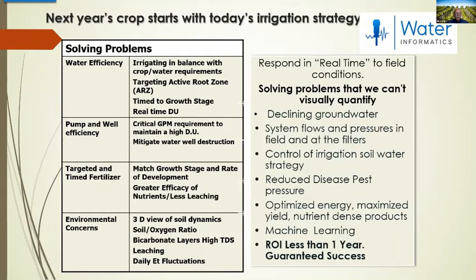Targeted and timed fertilizer: match growth rate to rated development, higher efficacy in nutrients and less leaching. Again, the environmental concerns, you've got 3D soil dynamics versus 2D. Let me pull this up. Bicarbonate, soil oxygen ratio, bicarbonate layers with high TDS, leaching. And here's the big one, the one we're really working on hard right now: daily ET fluctuation.